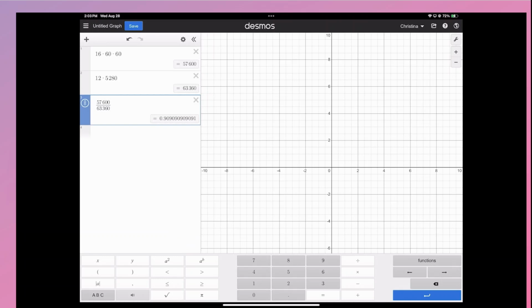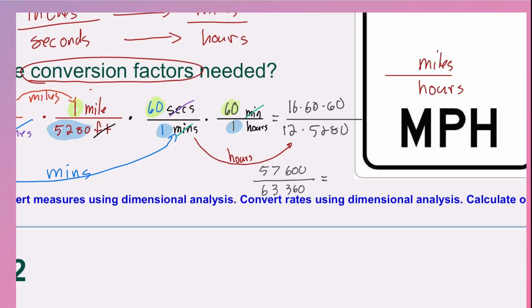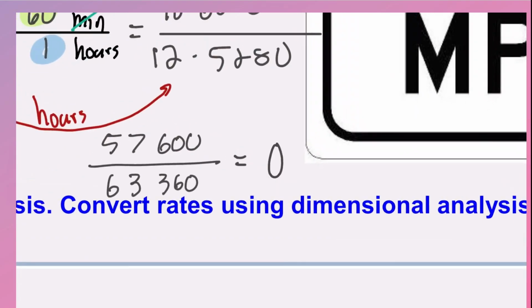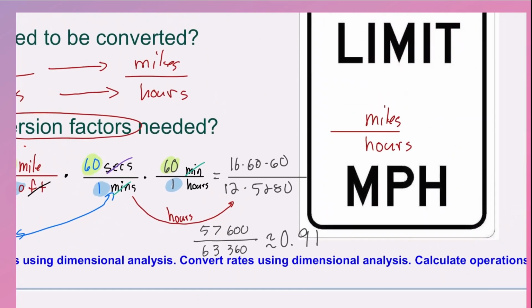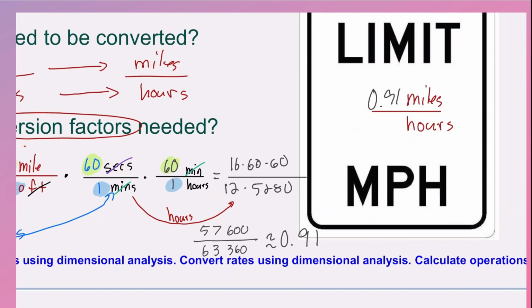I get 0.90909090, and I'm just going to round that to 0.91. So our answer is approximately 0.91 miles in 1 hour. So in 1 hour, this person would go 0.91 miles.